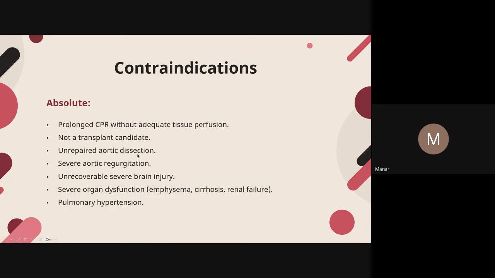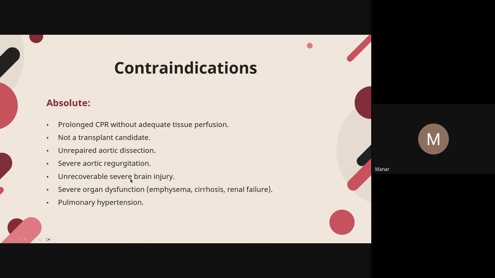Unrepaired aortic dissection, and severe aortic regurgitation. These conditions will put more load on the heart when we return the blood back to the heart, so it will just worsen our case instead of benefiting the patient.